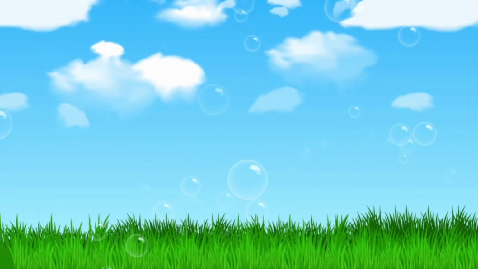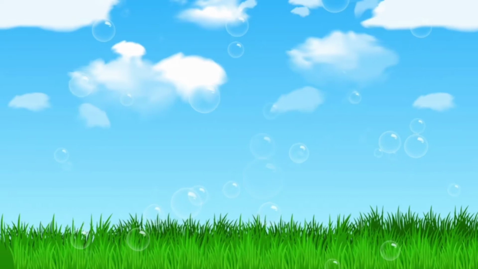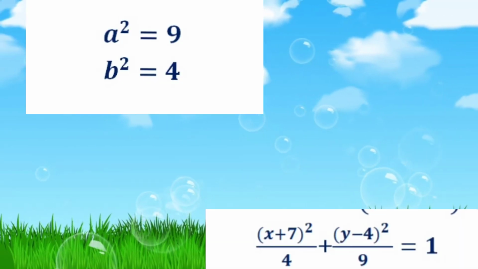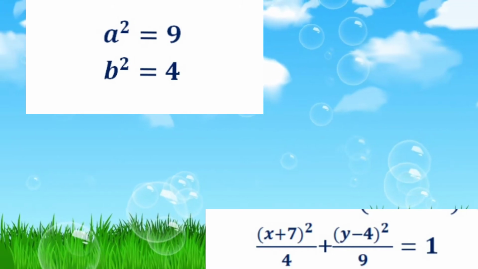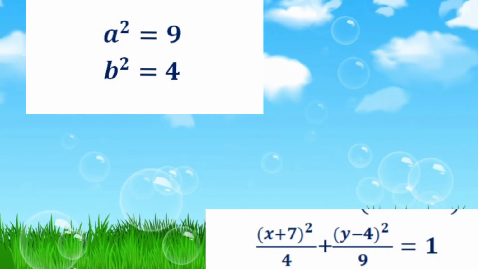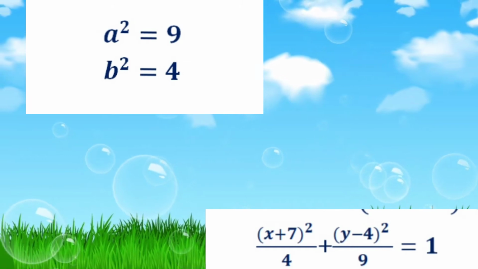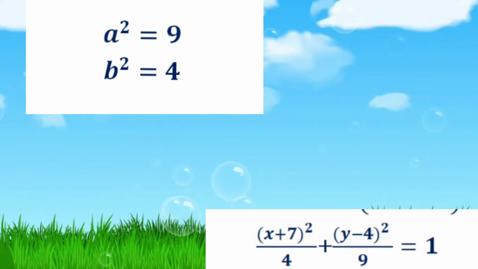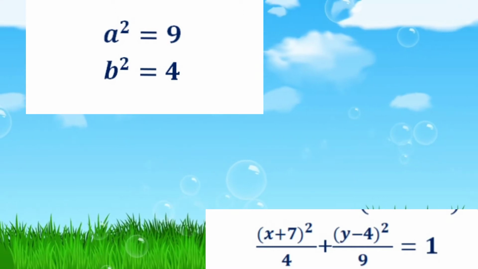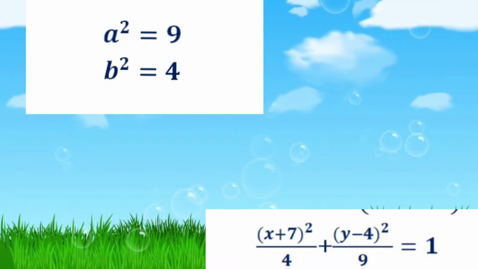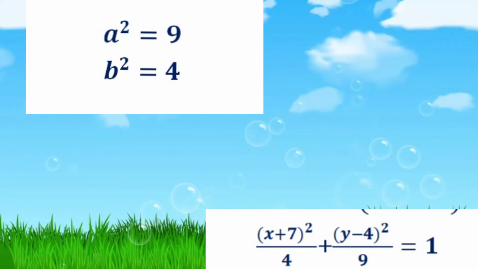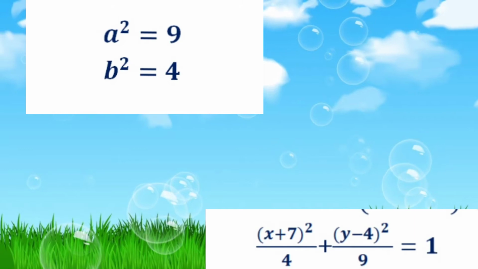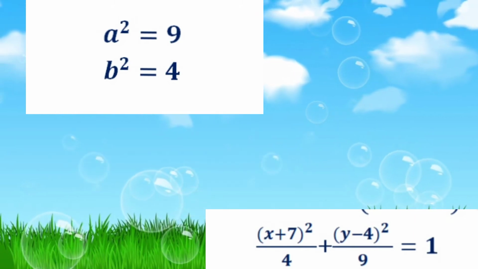So we are going to find the value of a squared, b squared, and c squared. So our a squared will be 9 because, as I said earlier, we need to have the bigger value for the a squared. And for the b squared, we have the 4. However, for the c squared, we don't have any value, but there is a relationship between a squared and b squared that can result in the creation of c squared.